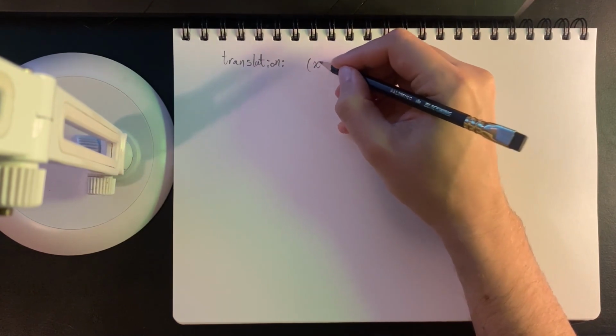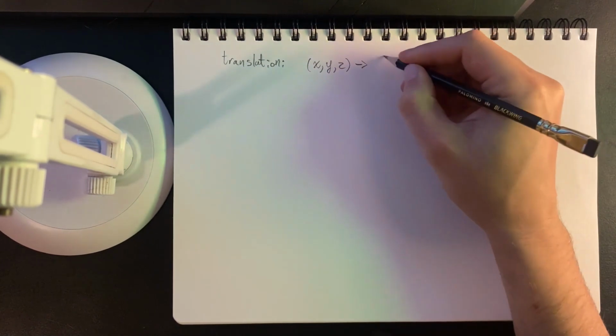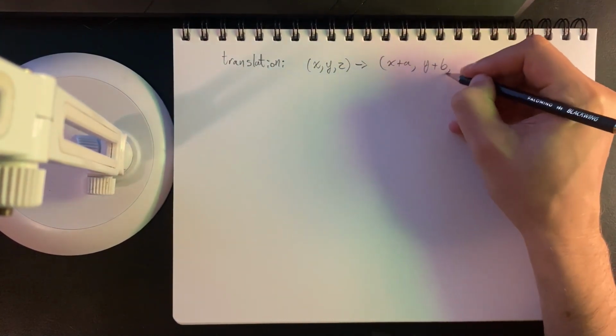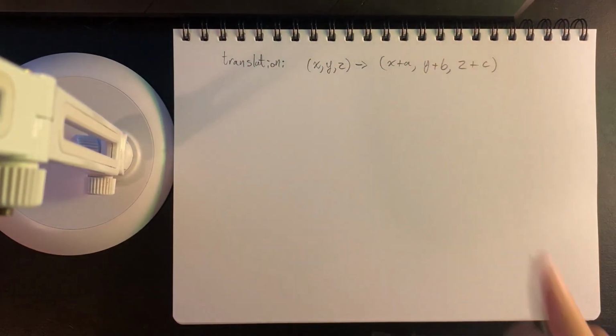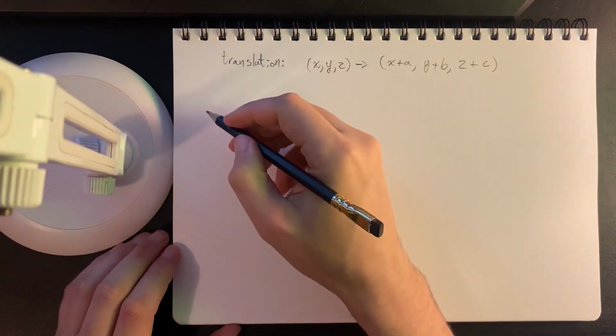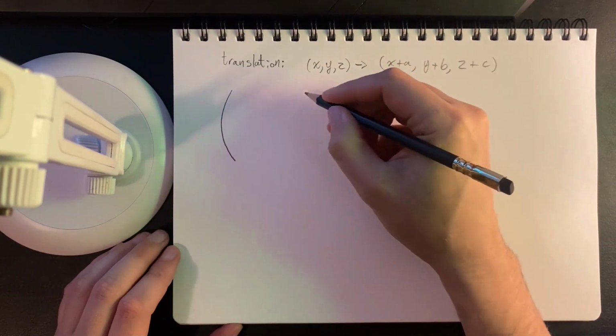So if we have a point x, y, z, I want to send that to the point x plus something, y plus something else, z plus something else. Those numbers can be 0, no problem there. So this is a translation matrix.